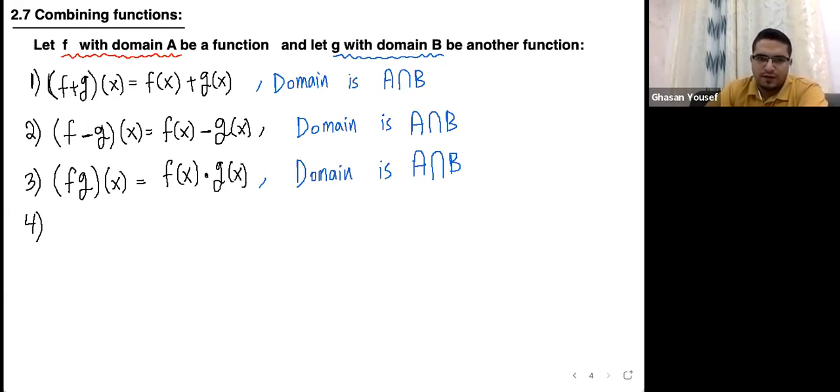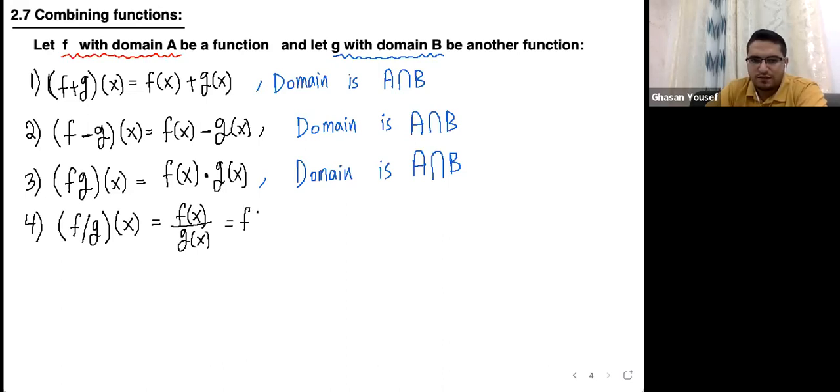So suppose I have the quotient, meaning dividing f by the second function g. (f over g)(x) is equal to f of x over g of x, or I can write it as f of x times the reciprocal of the second one, 1 over g of x. Both of them are correct.